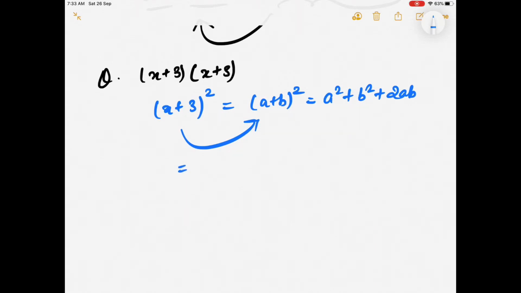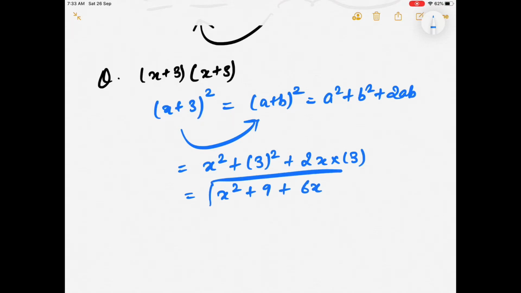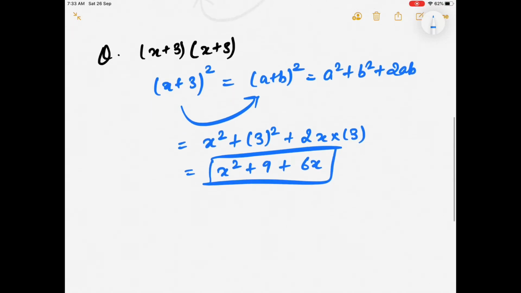When we expand this bracket using this identity, we have x square plus 3 square plus 2 into x into 3. Now, x square plus 9 plus 6x. This is our final answer. So identities make our calculation easier.